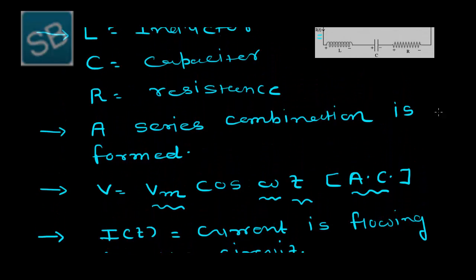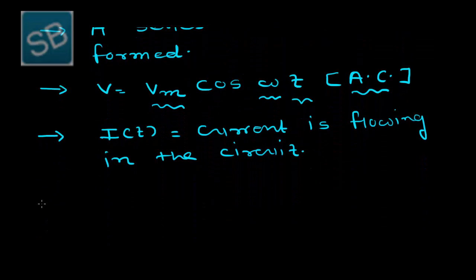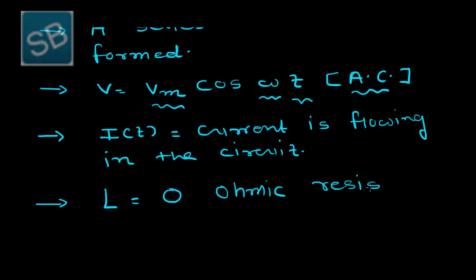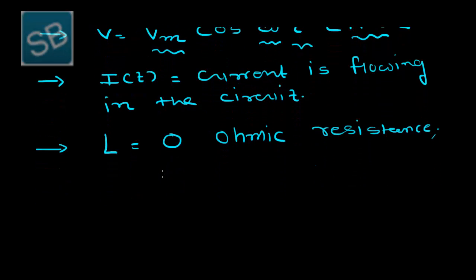Which kind of effect will you observe in this circuit? First of all, you have to consider some characteristics of the inductor, capacitor and resistance. So for that, I consider over here that my inductor has 0 ohmic resistance, and the other two, the capacitor and resistance, have 0 conductance.